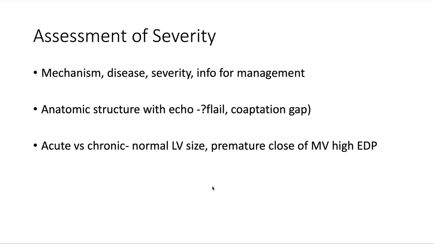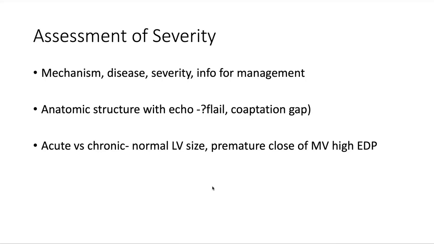So as we've gone through all that, really important, of course, is the assessment of severity. That's what is really going to drive your management decision. But I think a really good way of looking at it in all these echoes, and it goes for any valve, is to think every single time: what's the mechanism that's causing this regurgitation? What disease process could that be related to?